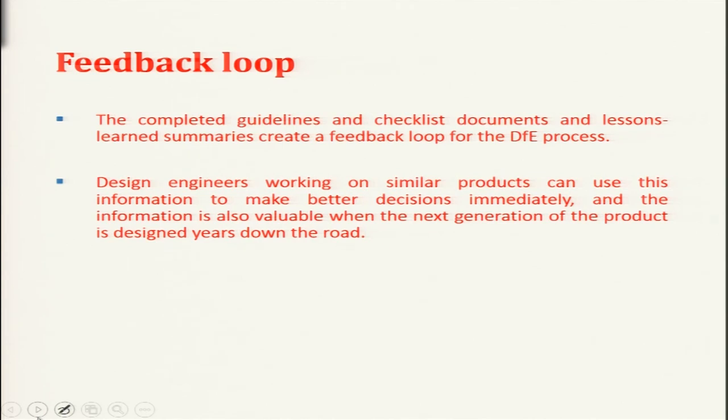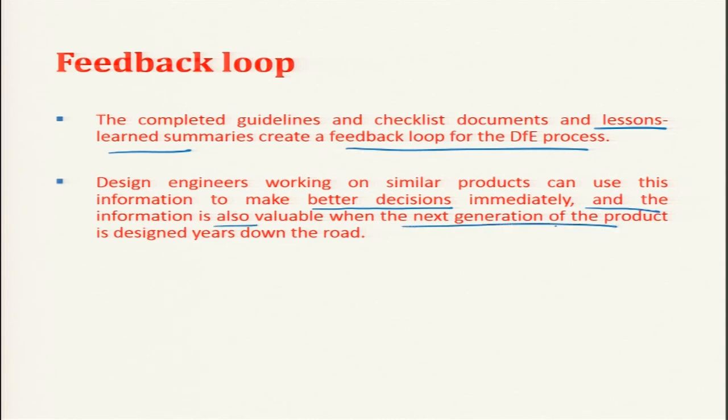After that, we have the feedback loop. The completed guidelines and checklist documents and lessons learned summaries create a feedback loop of the DFE process. So, this is a loop, a cycle that has to go on and on. The design engineers working on similar products can use this information to make better decisions immediately, and the information is also valuable when the next generation of the product is designed years down the road.